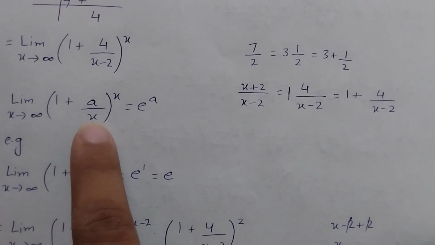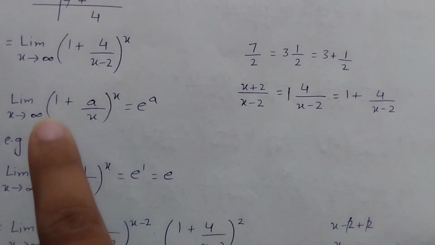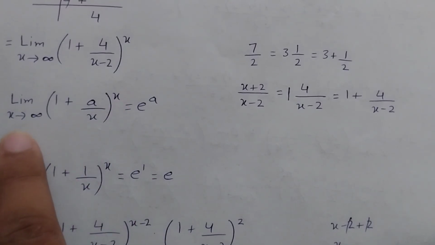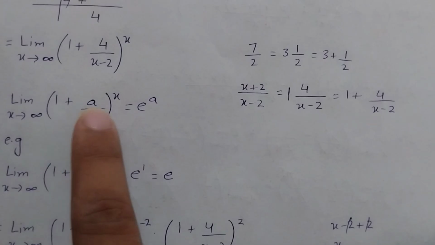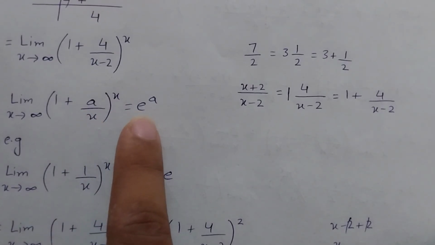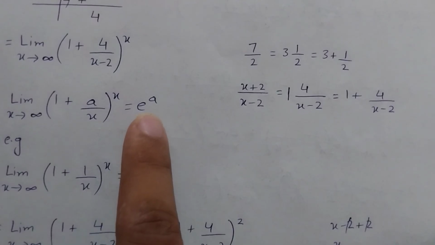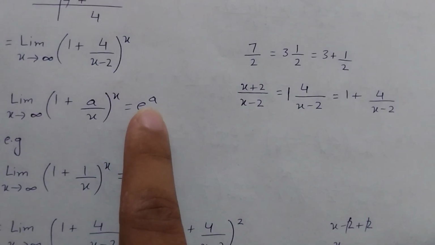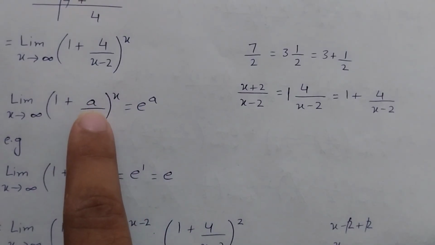The denominator of that fraction and the power of this whole expression are the same. x is approaching infinity, and the result is e, which is Euler's number. It's an irrational number, 2.7818 and so on, and it is being raised to the number written in the numerator of the fraction, e raised to power a.